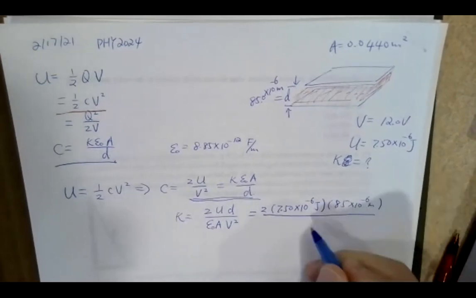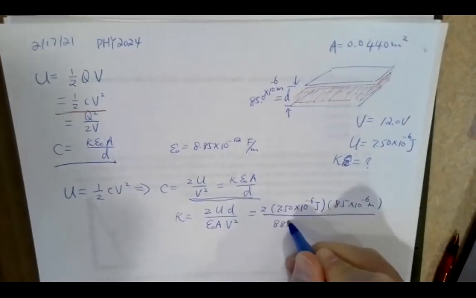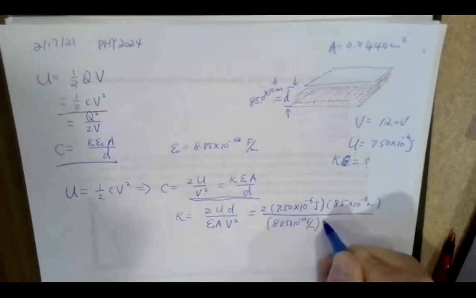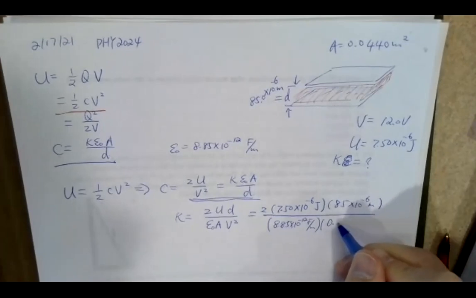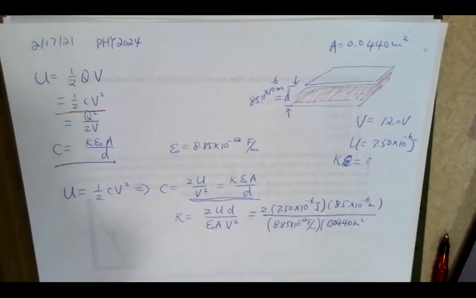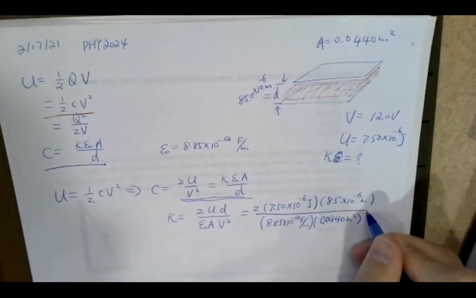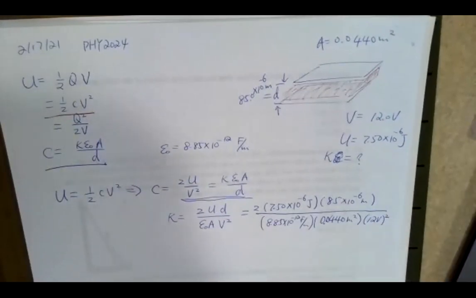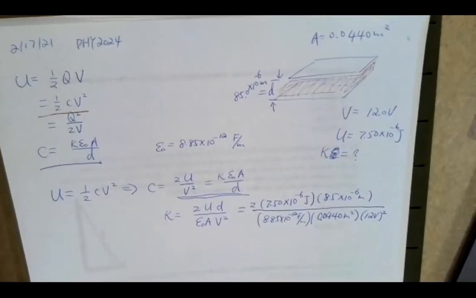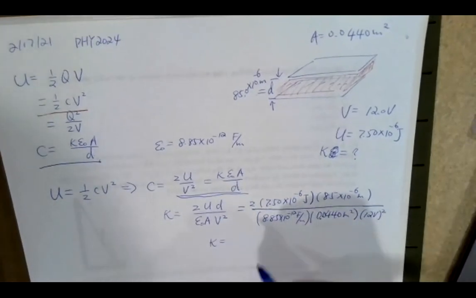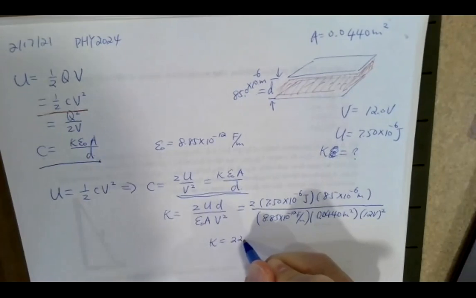Divide by 8.85 times 10 to the negative 12, and then the area, given as 0.0440 meters squared, times the voltage 12 V squared. Okay. Then you can solve your kappa to be 22.74.